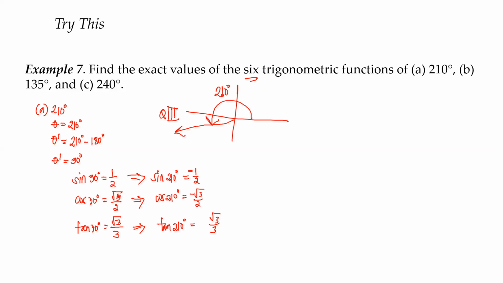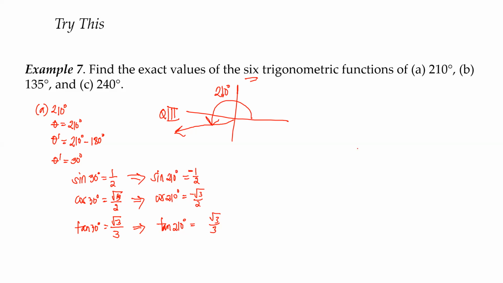Because again, your 210 degree angle is in quadrant 3, under the assumption that this angle is measured from the positive x-axis, because all angles are measured from there, in standard position. So 210 is in quadrant 3, and in quadrant 3 both x and y are negative.